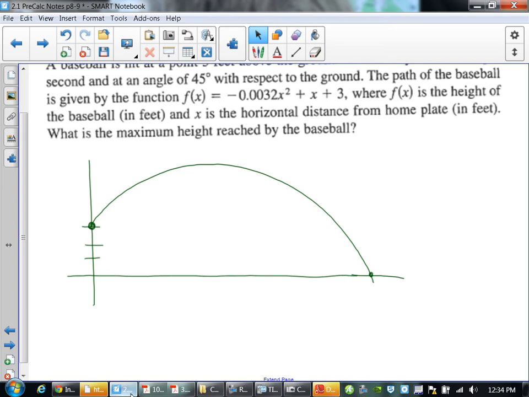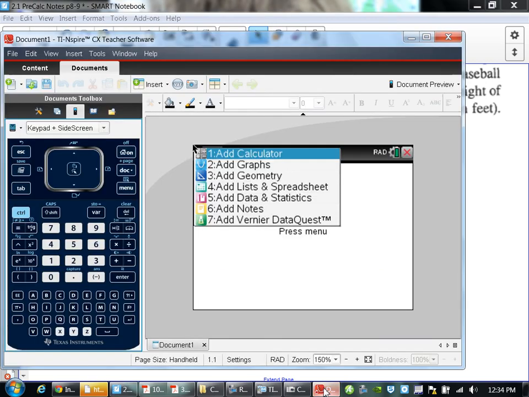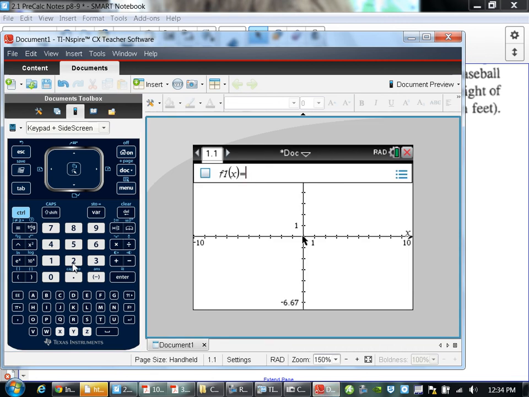Okay? Now I know you guys all curse these calculators, but as we get better with them, you're going to be all right. Trust me. Right now, your screen might be a little bit different, whatever, but we want to add a graph. So if you hit your home screen, you should come up with an option to hit add a graph. You're going to get some f of x. That's where we're going to type in that equation.